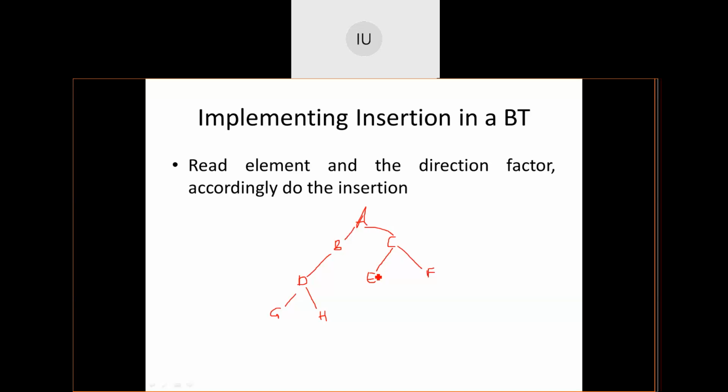Where will I be inserted? Right of F, correct. Now, if the new element to be inserted is I, and the direction given is right, left, right, is it valid? If valid, where does it come? Right, left, right. It's valid. Yes, then it comes at right of E.